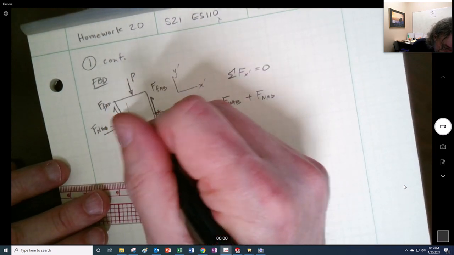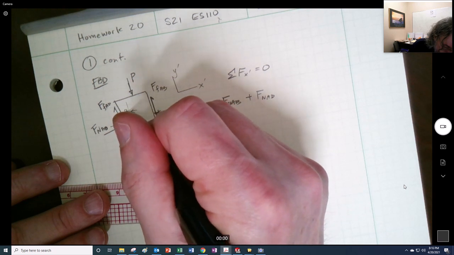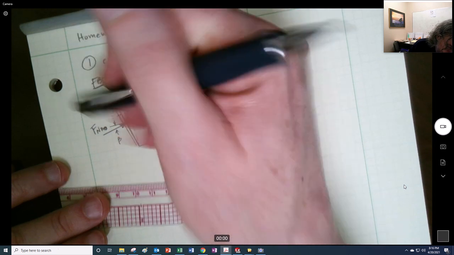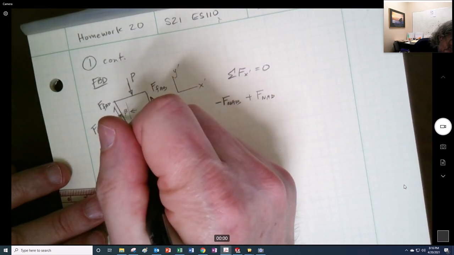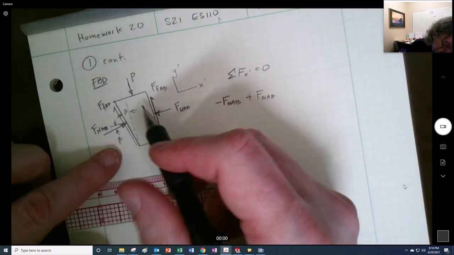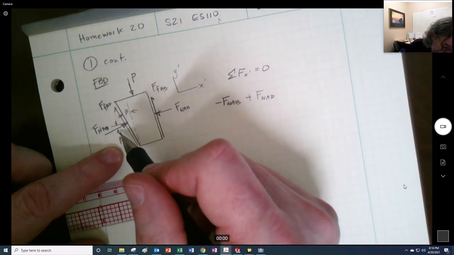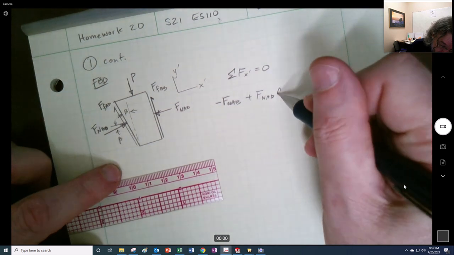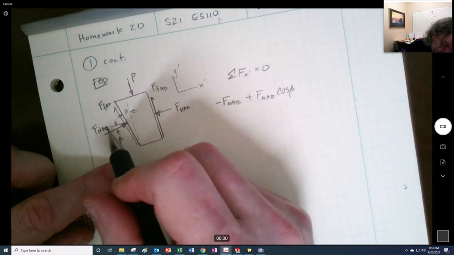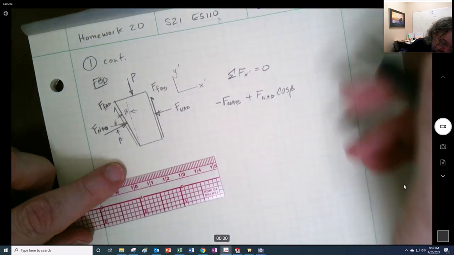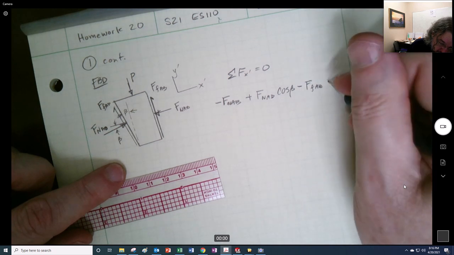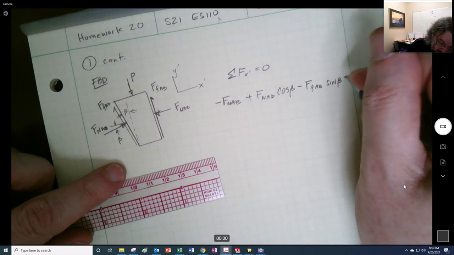And we also know that that right there is also beta. I don't want those to connect. So what direction is it going to go? That's the cosine of beta. And then this one is in the negative direction. The sine of beta equals 0.